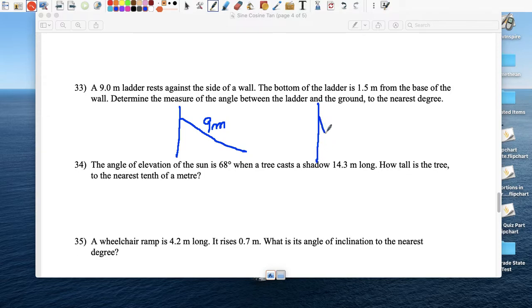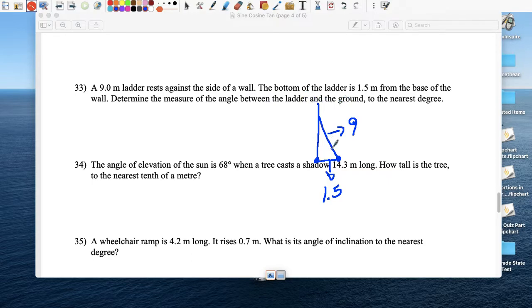So the ladder is 9 meters tall. The distance from the foot of the ladder to the wall is 1.5 meters. Determine the measure of the angle between the ladder and the ground to the nearest degree.